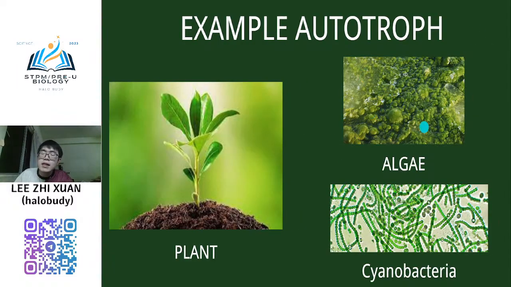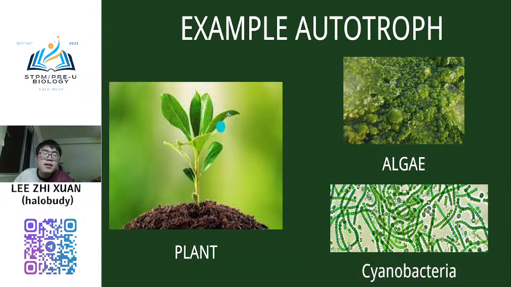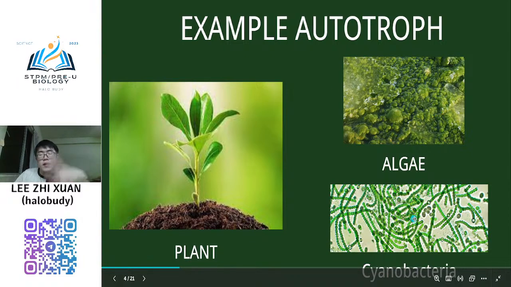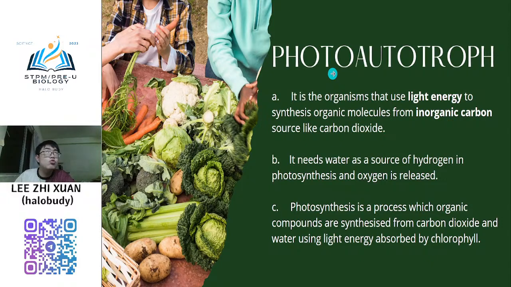Another one is algae. Algae is also one type of photoautotroph, and another one is cyanobacteria. So the main characteristic of photoautotroph is it is green color, because all of them contain chlorophyll. So they will appear green color. So photoautotroph confirm is green color. Yang green color punya semua adalah photoautotroph.